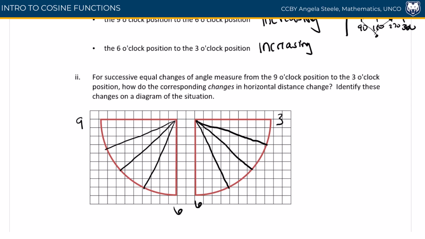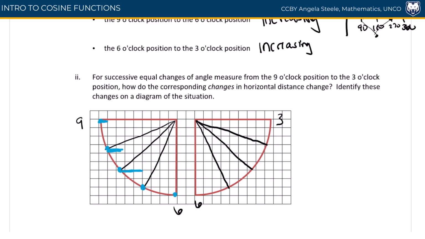So now what we're going to do is look at the changes in the horizontal distance. Okay, so we're going from this point to this point, but I want to look at that horizontal change. So this is that first horizontal change. And then going from this point to this point, we're looking at that horizontal change. So that's this line right here. And then going from this point to this point, we've got that horizontal line.